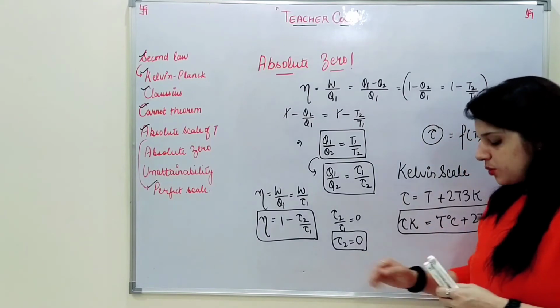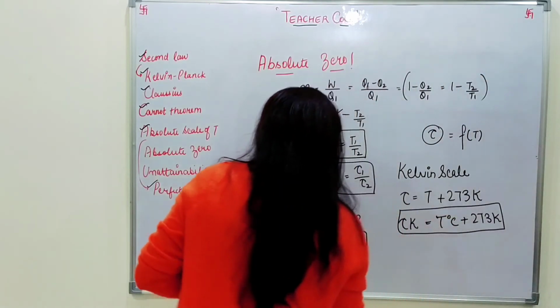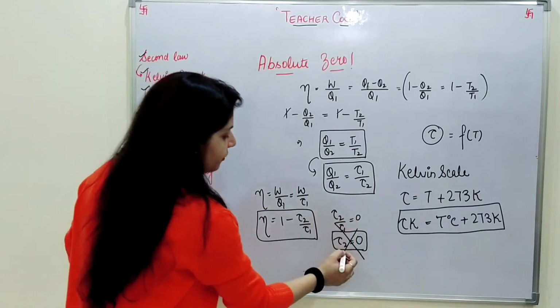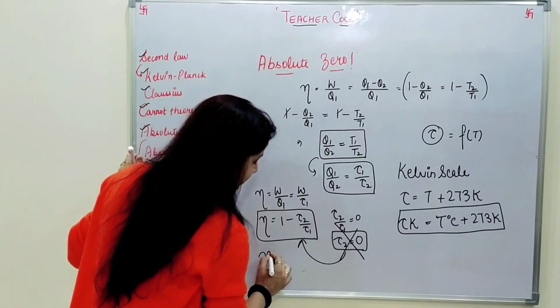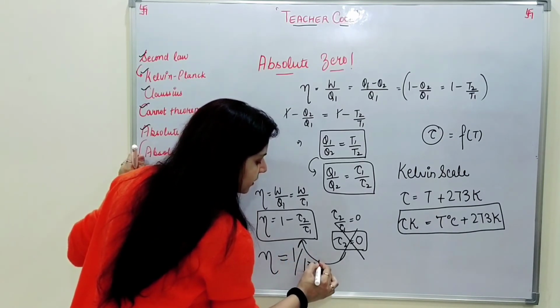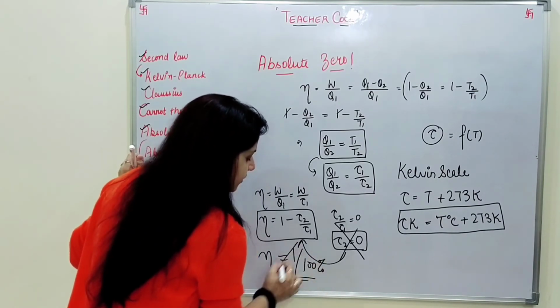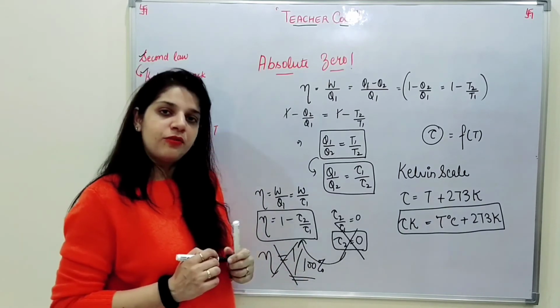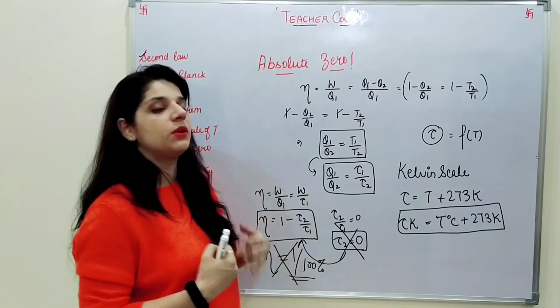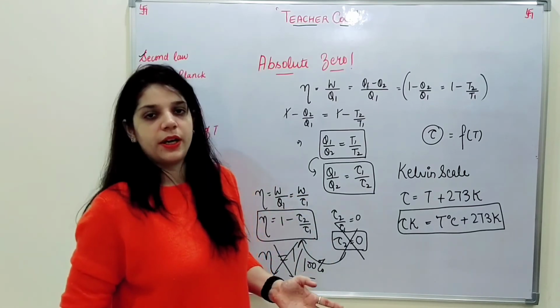So you cannot attain this, due to which you can never have efficiency equal to 1 or 100%. And therefore, the efficiency of the Carnot reversible heat engine will be the maximum you can attain.